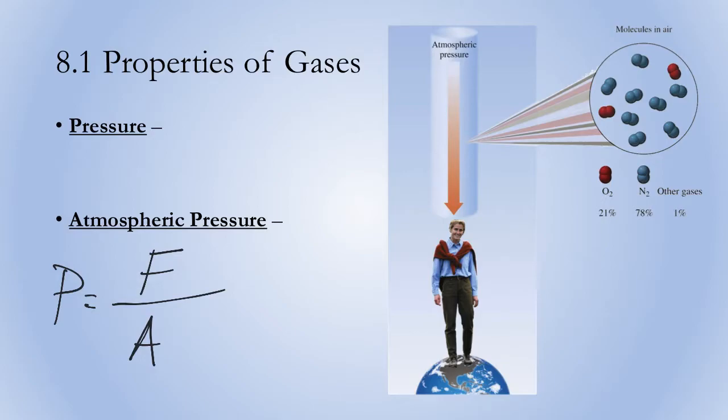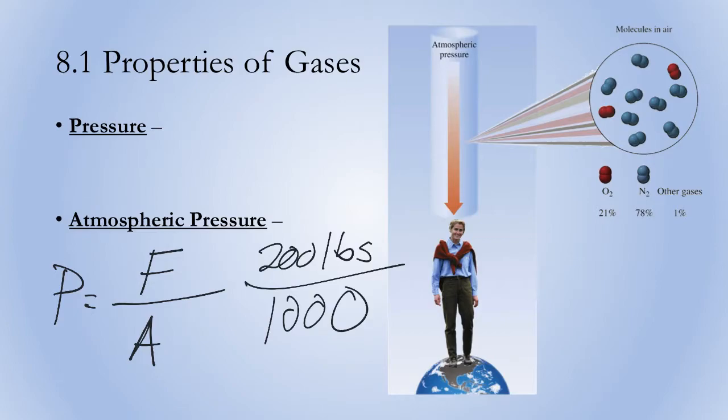Even if you weighed 200 pounds and you stepped on one nail, you'd be putting 200 pounds on a very small surface area, something you can't measure because it's a point. But if you divided that by 1,000 because you had 1,000 nails, now you're only putting 0.2 pounds per nail, which is a very small number.